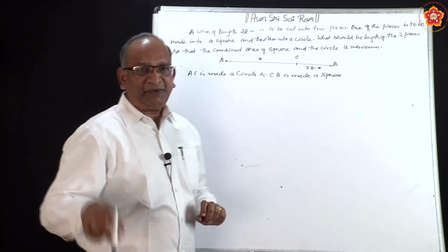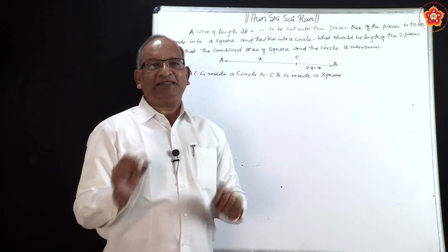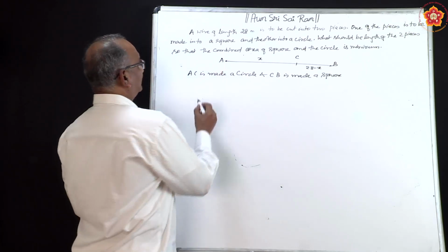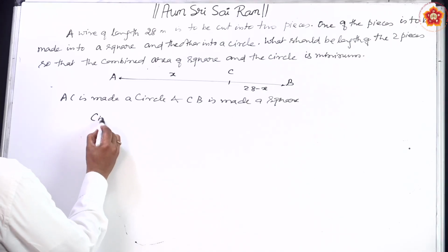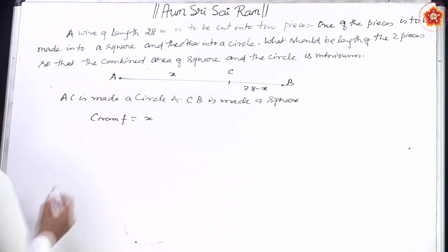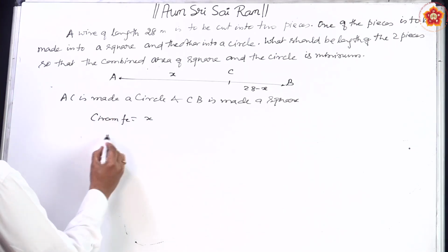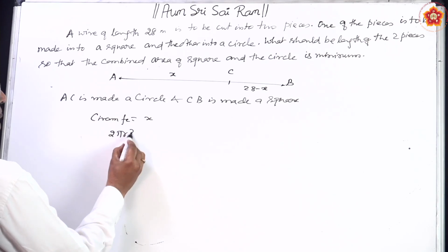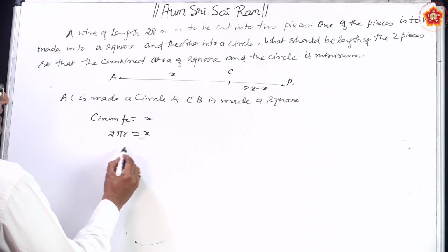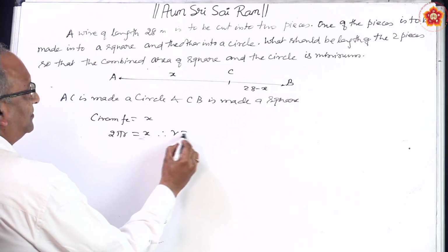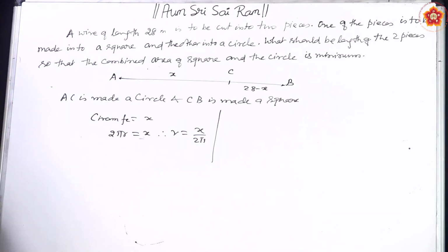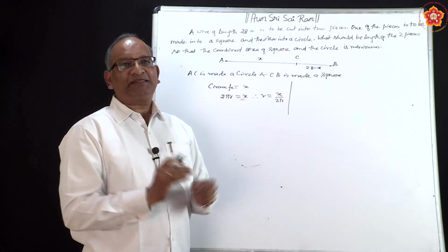If it is made into a circle, we can say that the circumference of the circle will be equal to x. What is the formula for circumference? 2 pi r. So 2 pi r is equal to x, or in other words r is equal to x by 2 pi. The second part is made into a square.